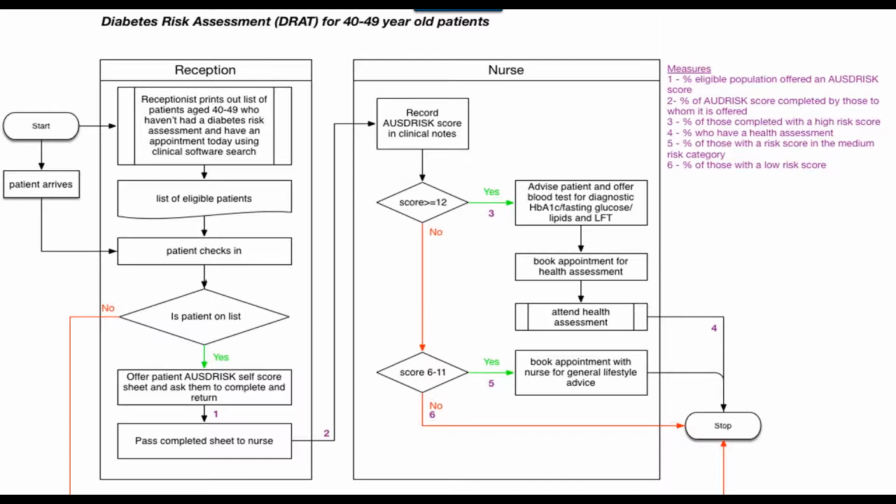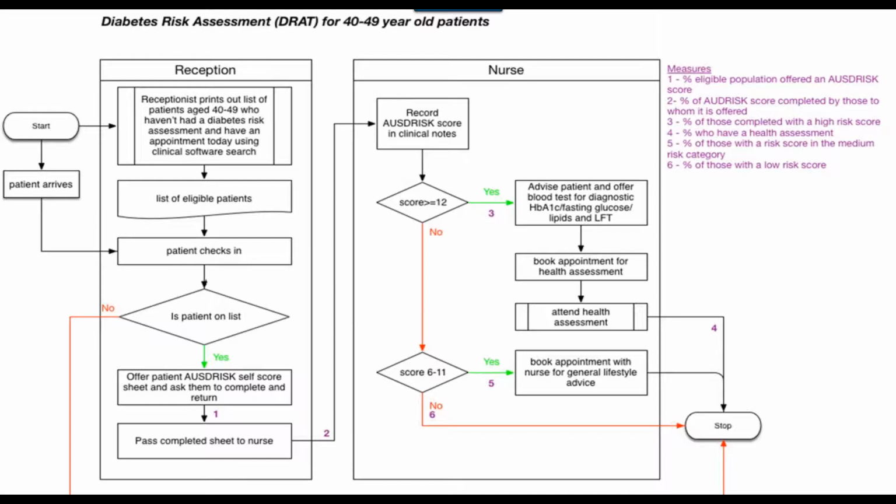As those patients arrived, they would invite them to manually complete the risk self-score and return the forms to the nurse, who would then enter them onto the clinical system, and then depending on whether they were high risk, medium risk, or low risk, appropriate interventions would be offered.